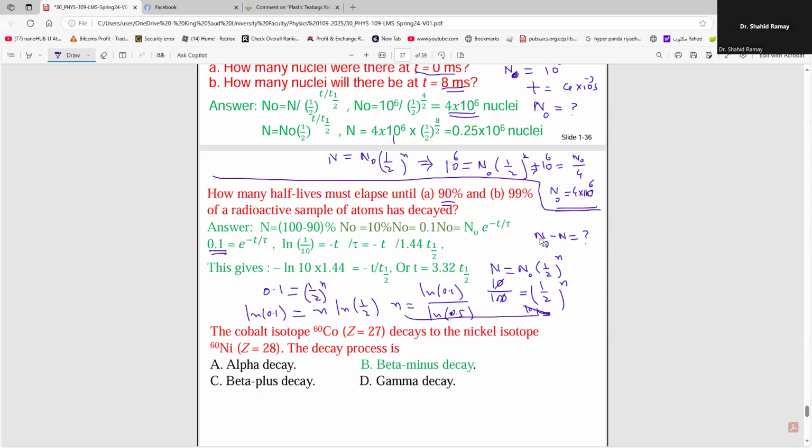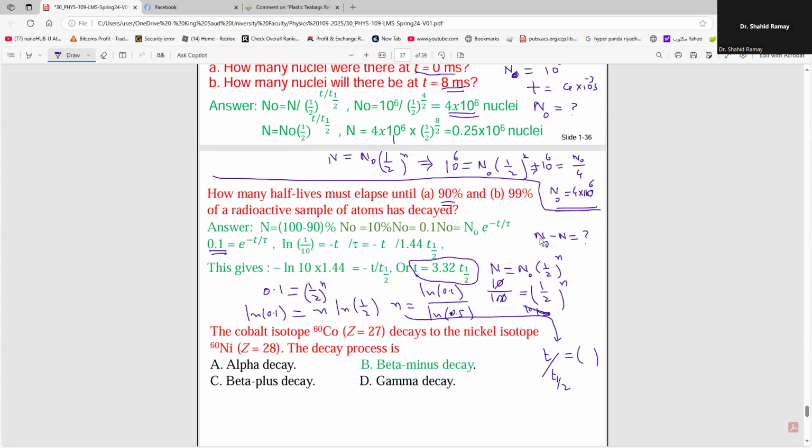Now you can solve this value. This n is equal to t over t half. So t is equal to this factor multiplied by t half. That's why he has written this answer. The answer here will be 3.32.